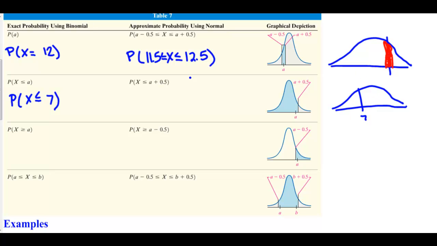To find the area of just 7, we would have gone above and below by 0.5. So we would have ended up here at that 7.5 for just the 7. And if it wants everything less than, well, we're going to want this. We also want all this area here. So it's actually everything below the 7.5 that we would care about. So the translated probability is going to be that x is less than or equal to 7.5.